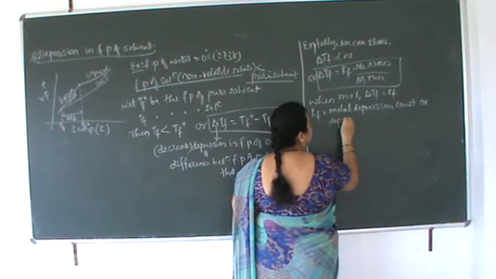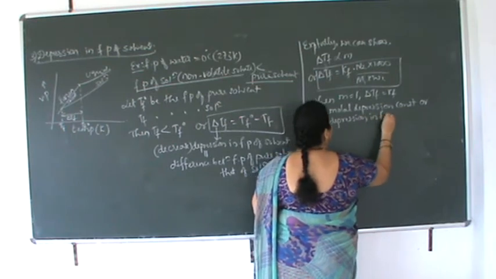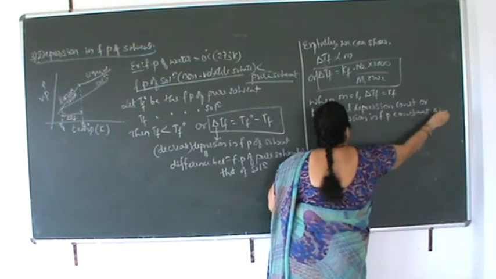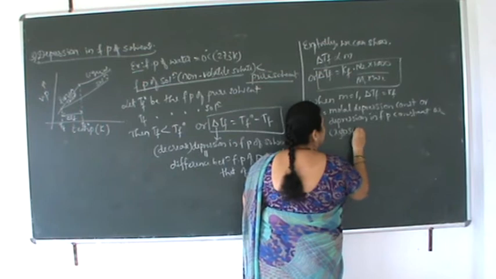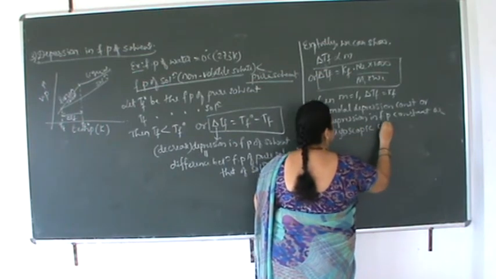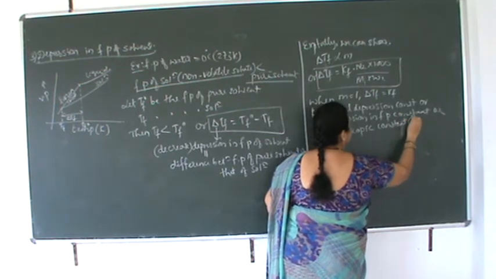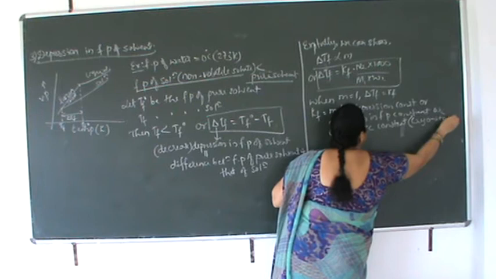Kf is the molar depression constant, or depression in freezing point constant, or we can use another word, cryoscopic constant. Here the word cryo means not crying, it means to cool.